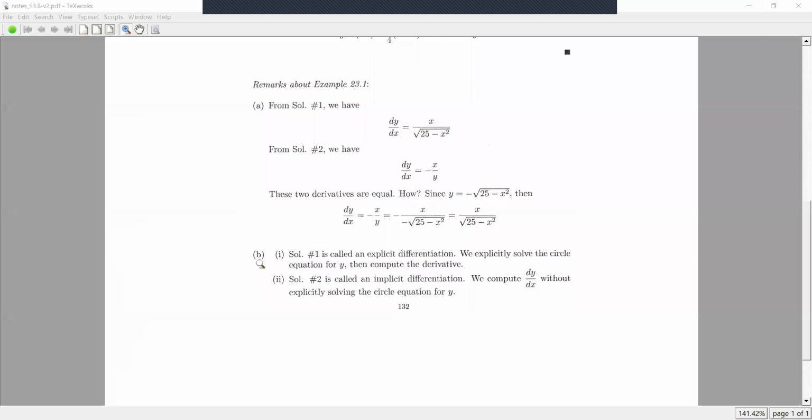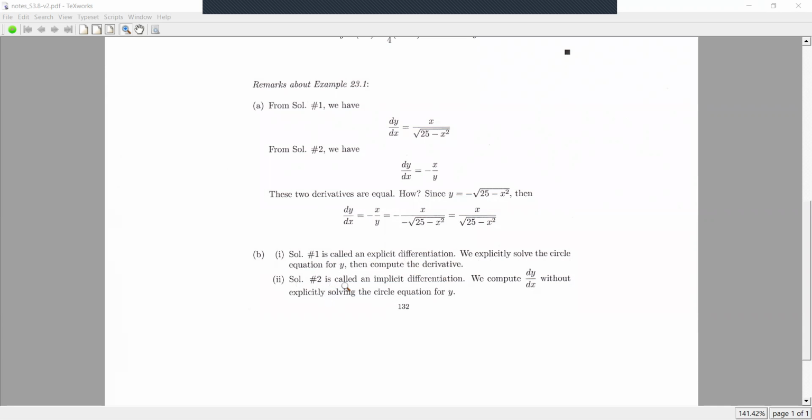Remark number 2. Solution 1 is called explicit differentiation because to compute the derivative, we explicitly solve the given equation for the function y. After we get the function, then we compute the derivative of the function.